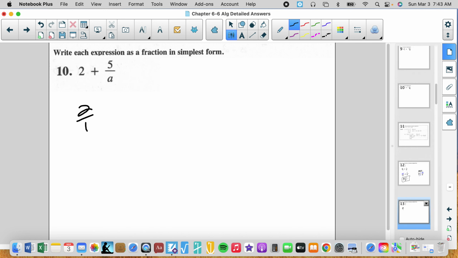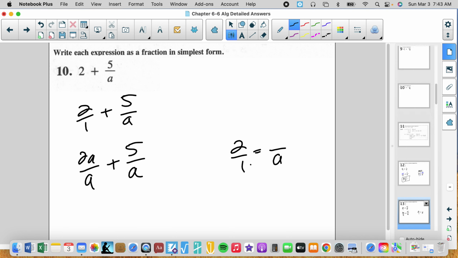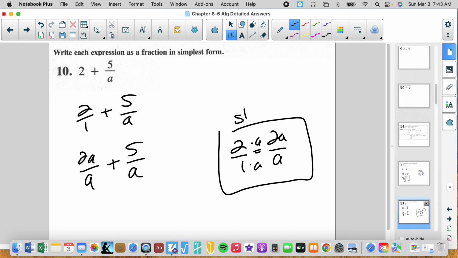Same thing, 2 over 1 plus 5 over a. We get 2a over a plus 5 over a. And I hope we're at this point where we don't have to show our work. Show work, maybe.